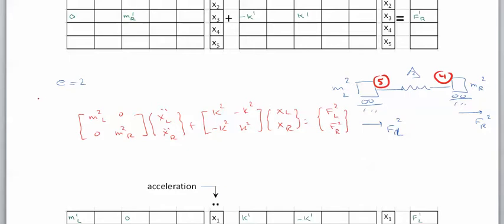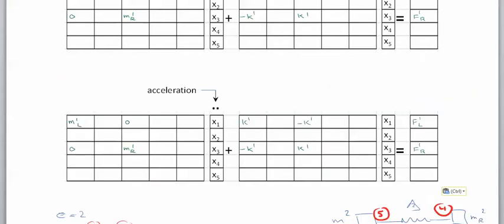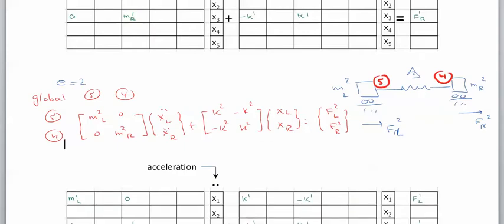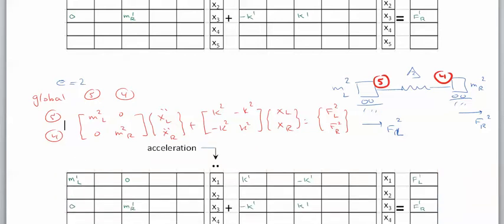And to decide where they're going to go, we use this connectivity. So this is 5 and this is 4. This is 5 and this is 4. Okay? And let's now put it in the proper place in this matrix. All right.